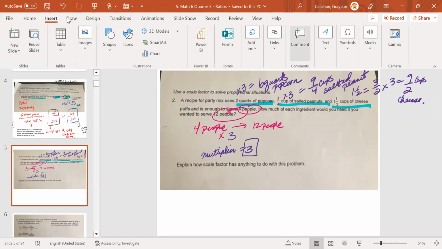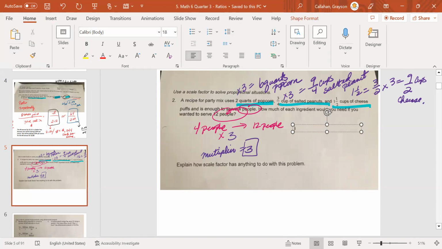So what does that mean? So to answer your question, in order to serve 12 people, I would need, remember, 2 quarts of popcorn times 3 is 6 quarts of popcorn.